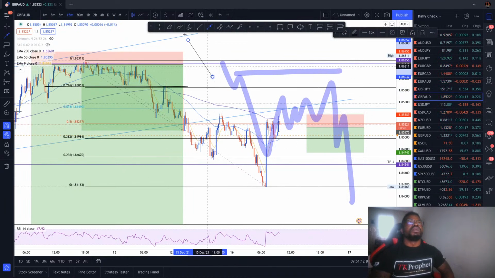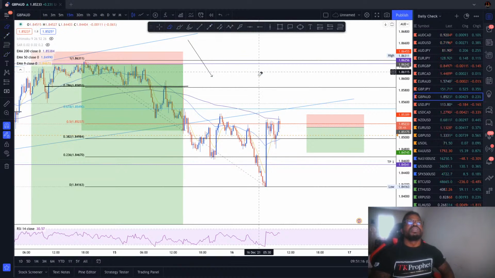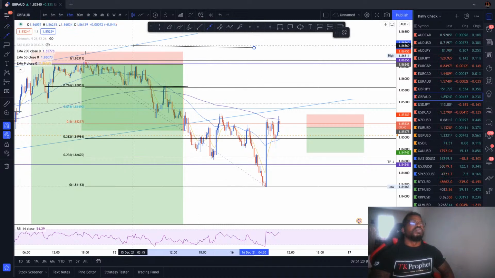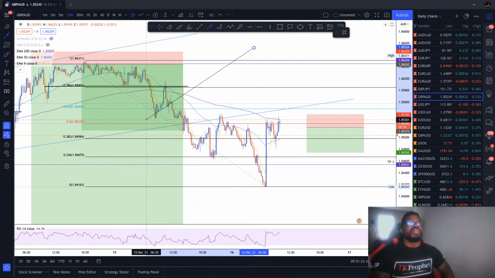So when we look at this move, price has been in a downtrend. You got a lower low here, pull back, lower lows, and now price is pulling back to retest these highs.